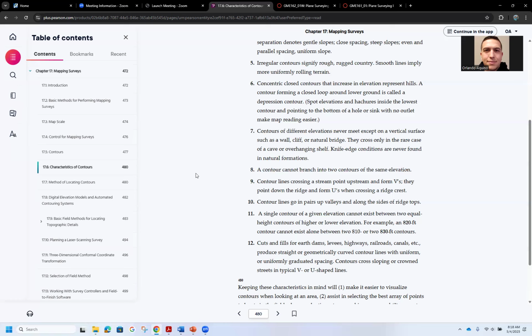And then cuts or fills of earth dams, levees, highways, railroads, etc., produce straight or geometrically curved contour lines with uniform or uniformly graded spacing. Contours crossing sloping or crown streets are typically V or U shaped. So keep that in mind when you're doing topographic surveys on roads.